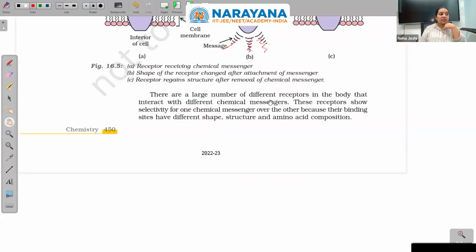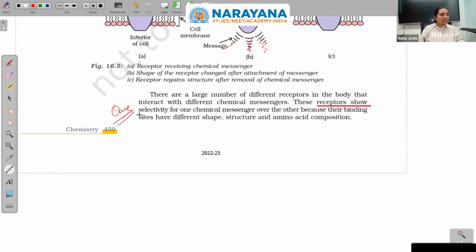Okay? There are a large number of different receptors in the body that interact with different chemical messengers. These receptors show selectivity for one chemical messenger over the other because their binding sites have different shape, structure, and amino acid composition. Again, here is a question: how do they show that specificity?